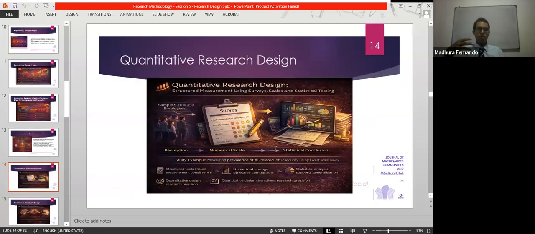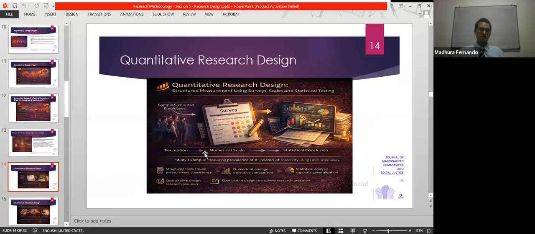Then comes quantitative research design. Now, let's go into more detail. Structured measurement using surveys, scales, and statistical testing. Now employees have different perceptions.